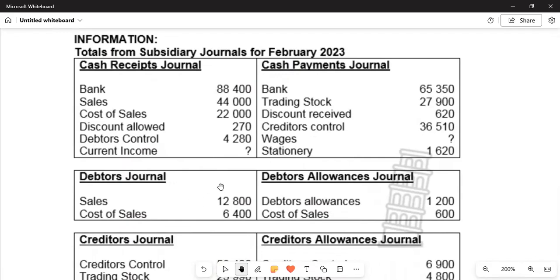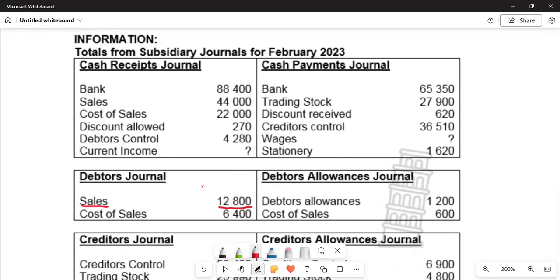Now we have sales from the debtors journal. Customers did buy on credit from the business. Under the debtors journal, here we have sales of 12,800.